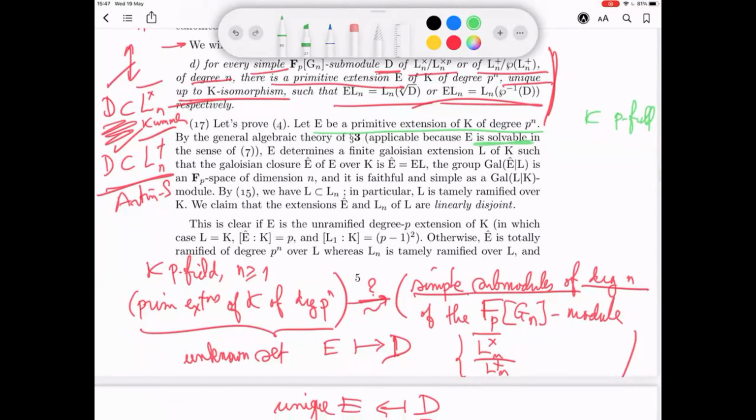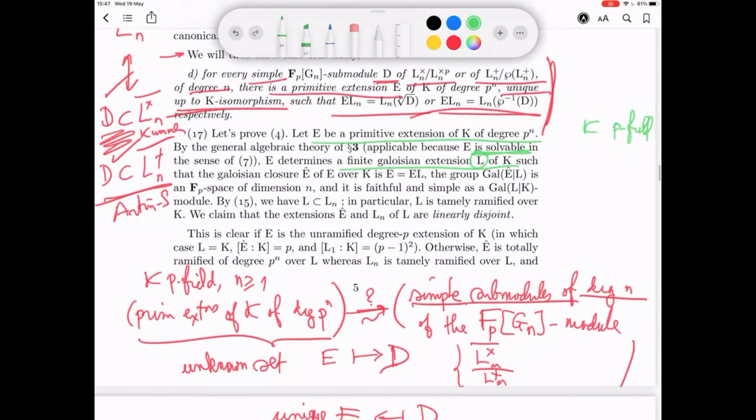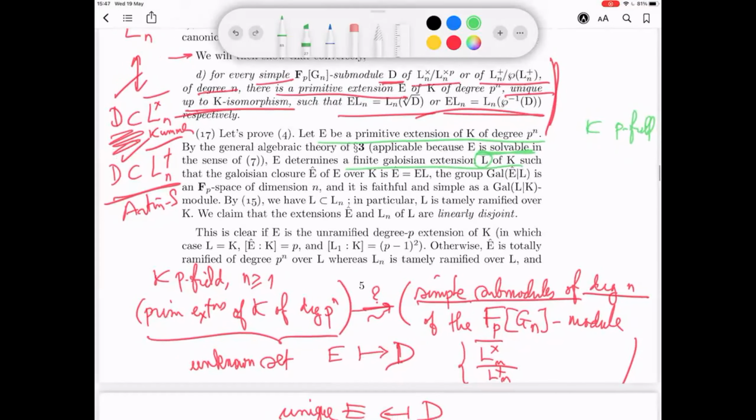So when you take the Galois closure, this E hat.